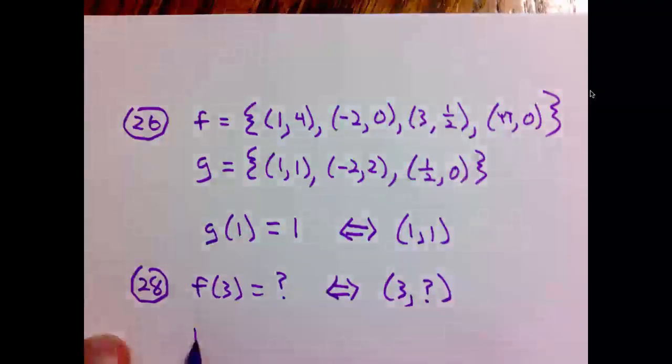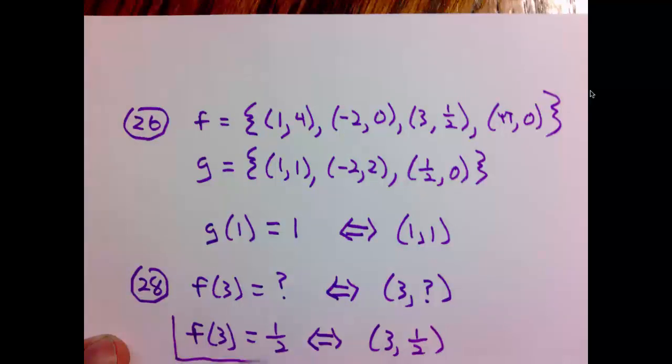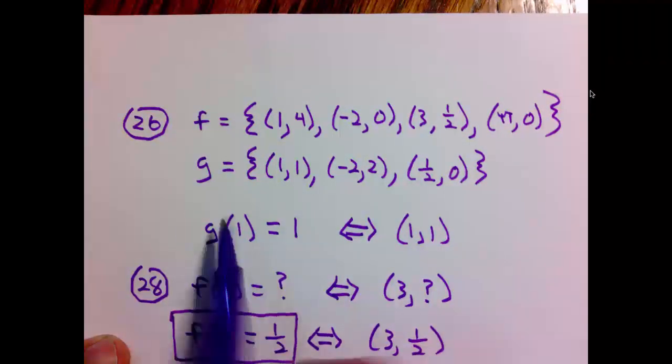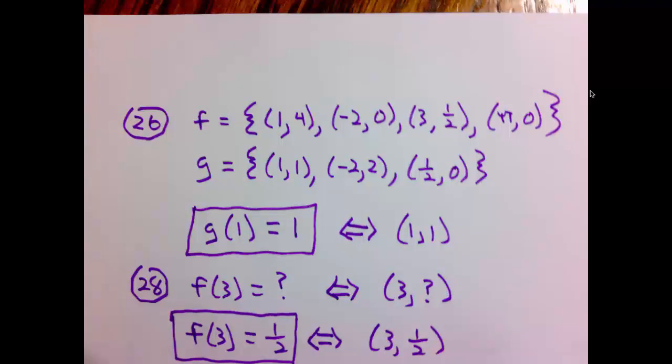So we say that f of 3 is equal to 1/2. That is similar to saying 3 pairs with 1/2. This is our answer for number 28, and this is our answer for number 26. Alright, with those examples, you should be able to complete 3.3.